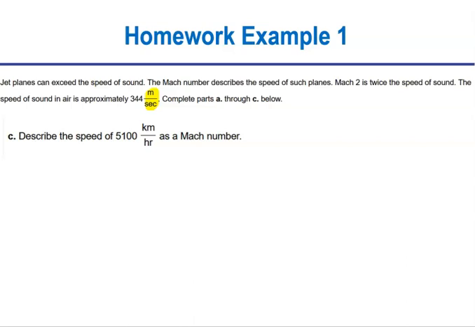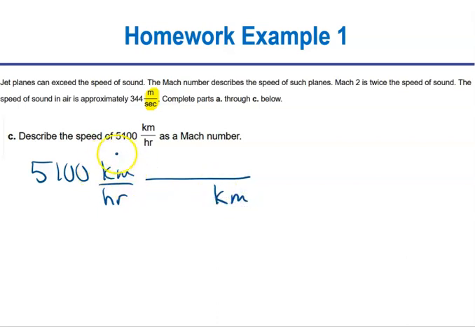So let's change 5,100 kilometers per hour to meters per second. Okay, now what do I need to do? Well, I need a unity fraction over here that I'm trying to get rid of kilometers, so it goes on the bottom. Again, whatever unit you have here has to go in the bottom or the denominator of the unity fraction.